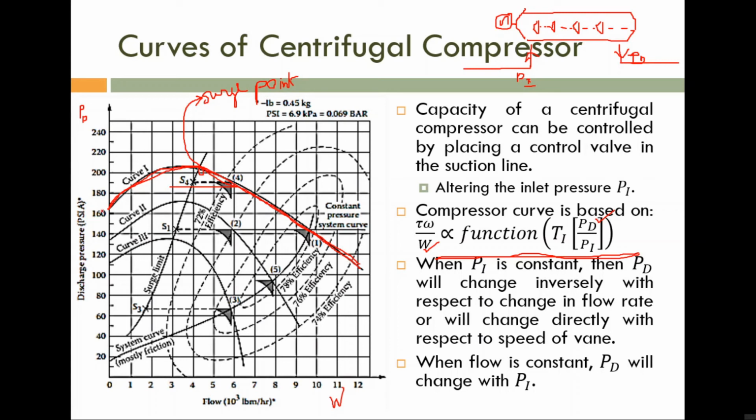If discharge pressure is increasing with respect to flow rate, or in reverse, if flow is increasing with respect to the discharge pressure, actually what is happening? Here we can say the flow is reversed. Instead of achieving flow from this point to the output side, the flow is reversed, means the flow will go back to the inlet side.